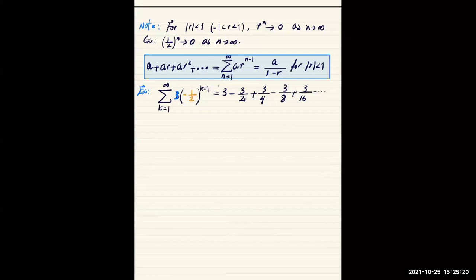That is your first term. So this is equal to a divided by 1 minus r. r here is negative 1/2. Okay, and if you simplify this thing, you're gonna end up with 2. You get 6 over 3. Is that right? Yeah, 6 over 3, that's just equal to 2.